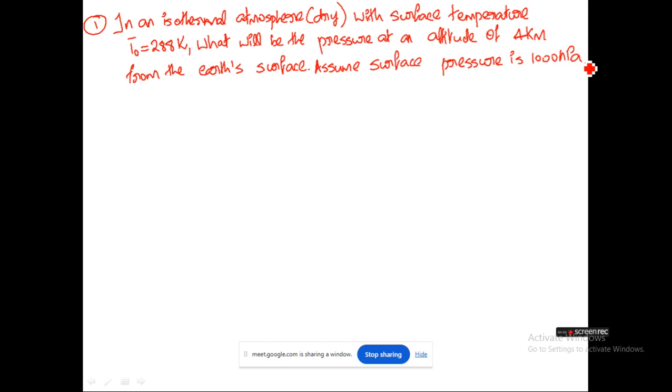Assume surface pressure is 1000 hectopascal. If you remember, we derived an equation to find the pressure at a height Z if we know the surface pressure in an isothermal atmosphere. We did two derivations. The first was for the simplest case of an isothermal atmosphere, and the second was a more realistic case where the temperature was decreasing with height.